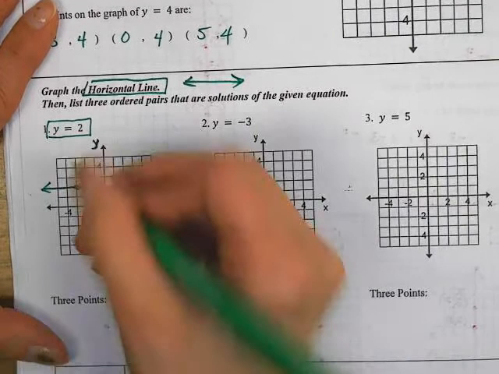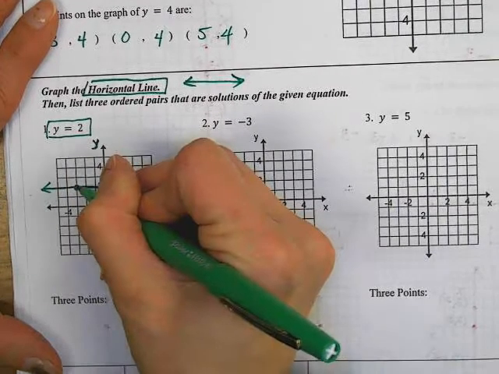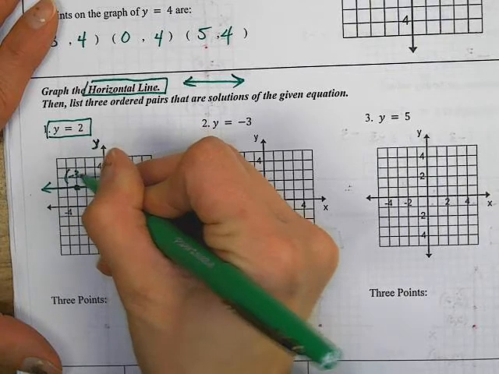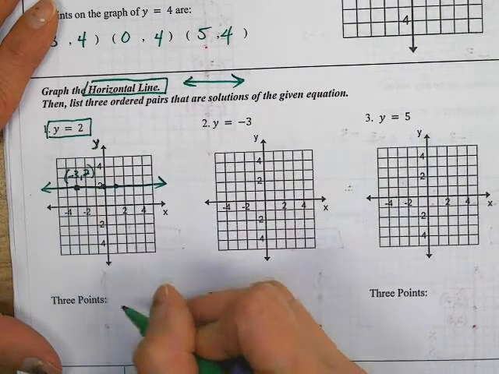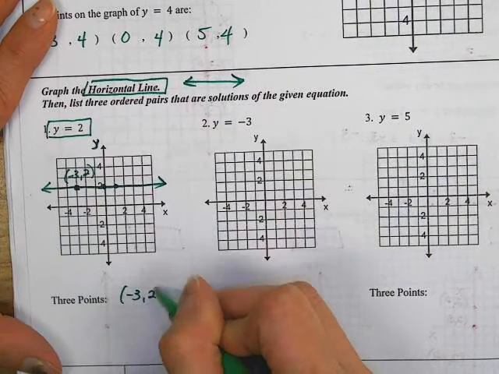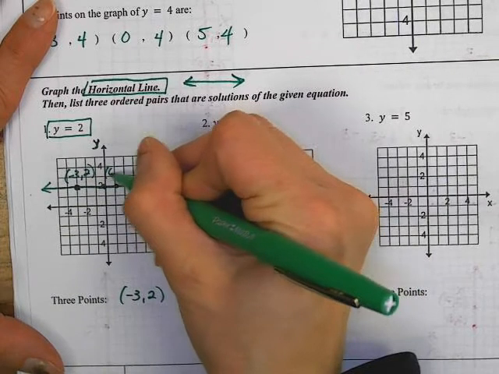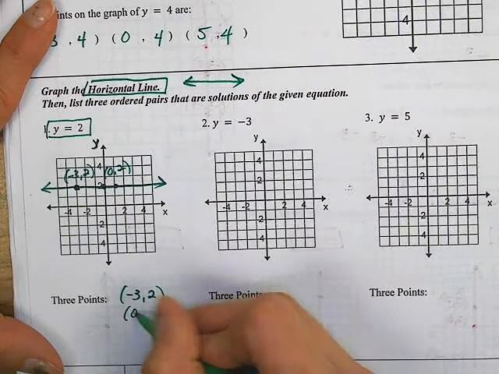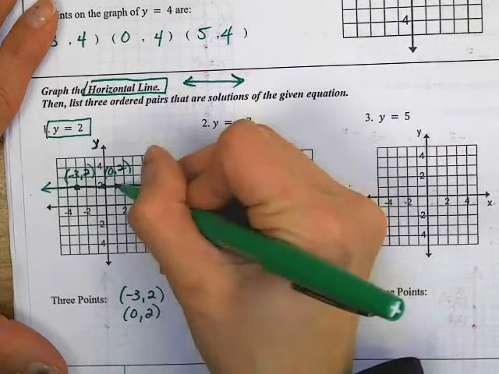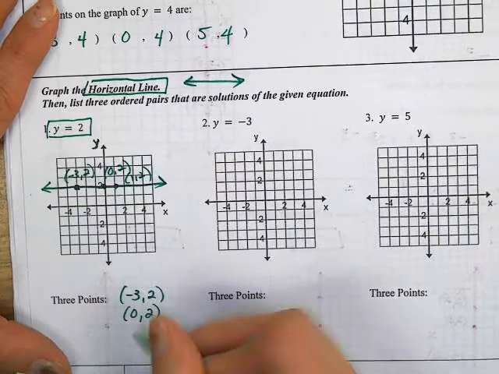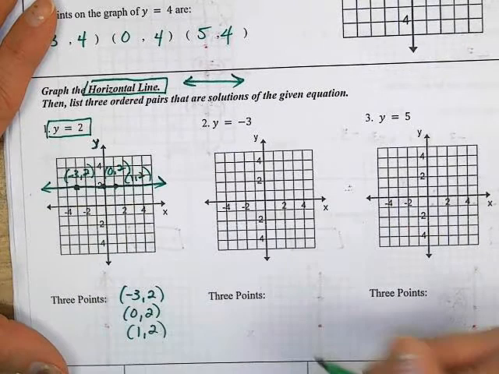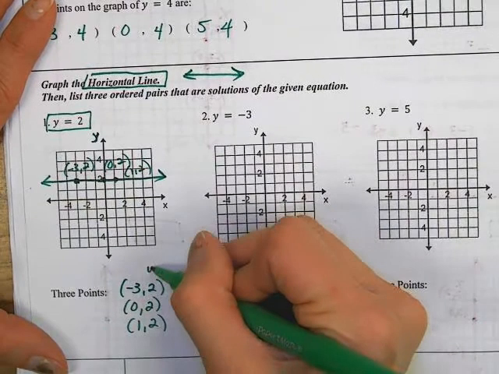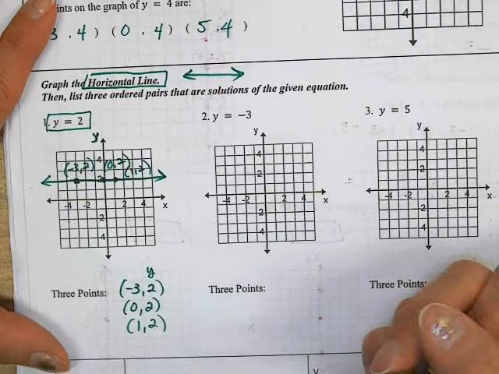What are some points? This is the point -3, 2. This is the point 0, 2. This is the point 1, 2. All of the y values are 2.